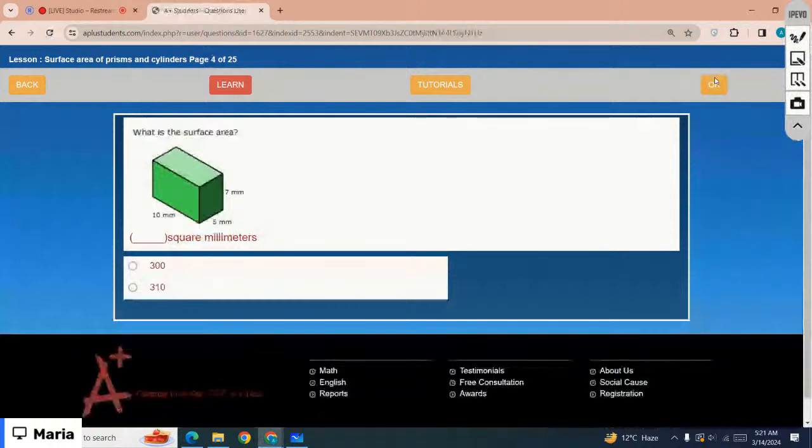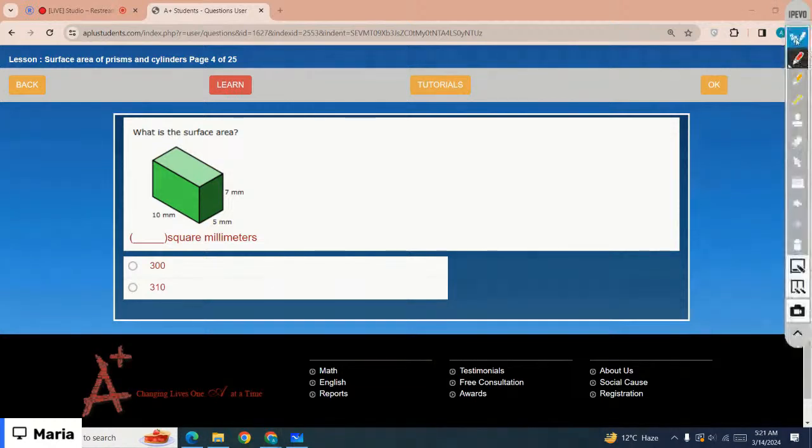What is the surface area? So calculate the area of each face and then add them all, right?